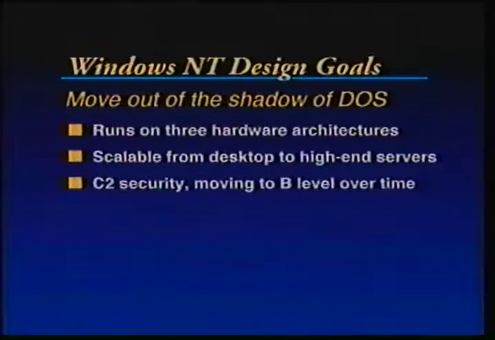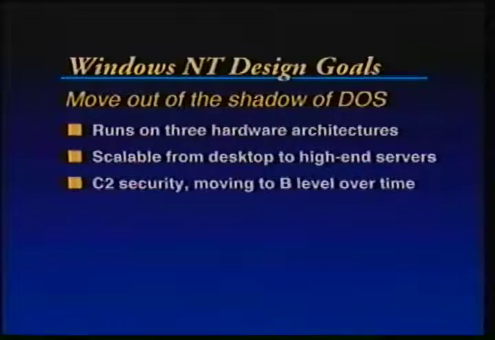Certainly another goal of Windows NT is to be scalable, to allow you to run on everything from fairly low-end desktop systems all the way up to high-end, possibly multi-processor servers. And certainly to be able to provide levels of security.